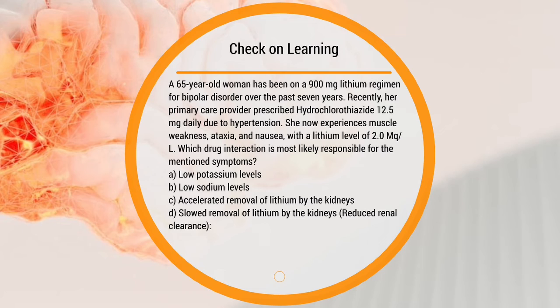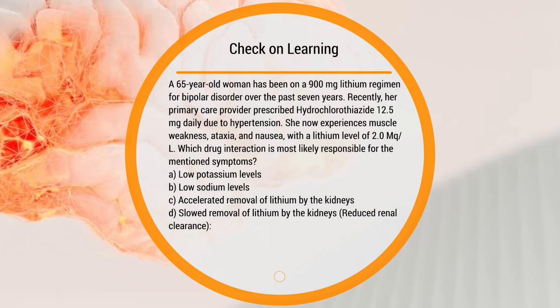All right, check on learning. A 65-year-old woman has been on a 900 milligram lithium regimen for bipolar disorder over the past 7 years. Recently, her primary care provider prescribed hydrochlorothiazide 12.5 milligrams daily due to hypertension.